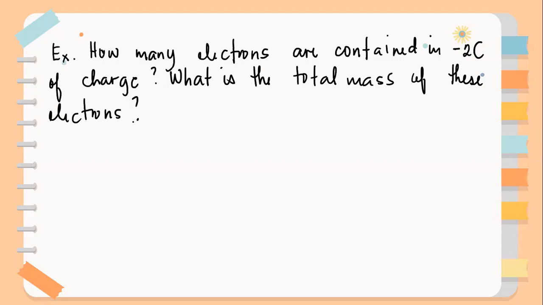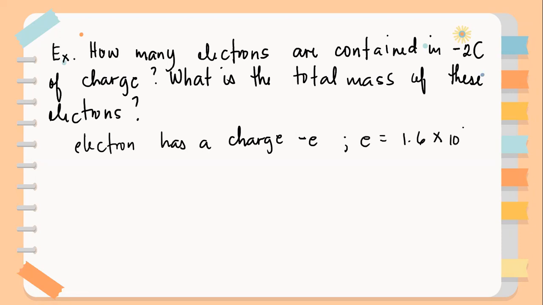Remember that the electron has a charge of negative e, where e is equal to 1.6 times 10 to the negative 19 Coulomb.